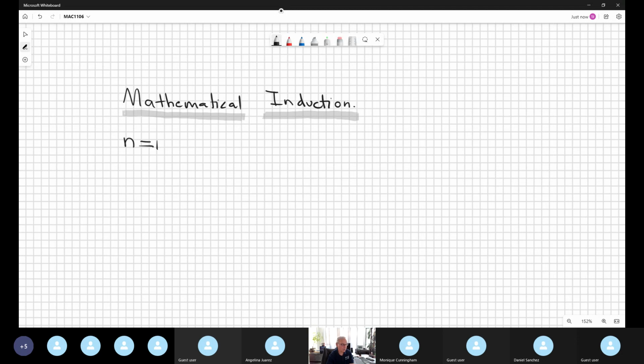Or suppose that you are adding 1 plus 3 plus 5, adding the first odd natural numbers, 7, 9, and the next.